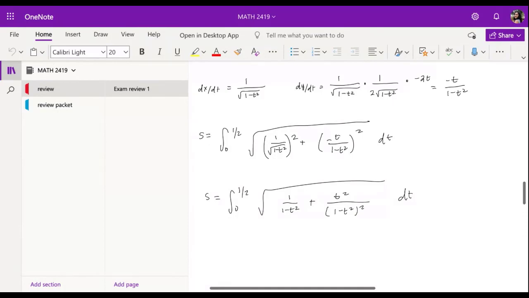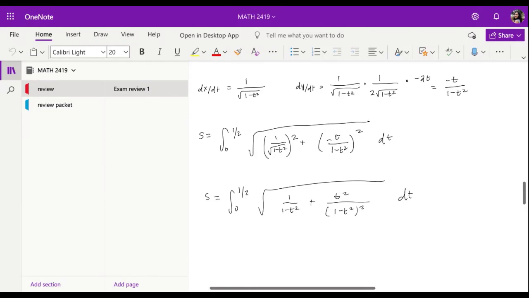So our next step will be to make a common denominator. Since we kind of already have a common denominator, we just multiply the first term by 1 minus t squared over 1 minus t squared.